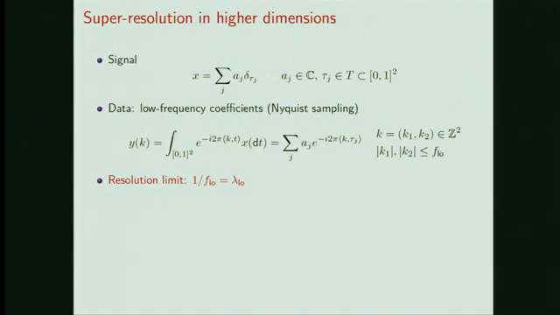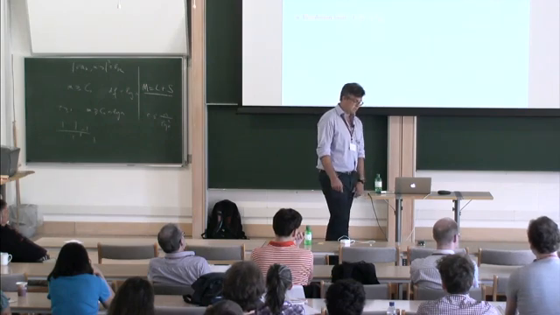Okay, so this extends to higher dimensions, so this is not a result that has to do with one dimension only. Now you can have sources in the plane, and you just go as before. You measure low trigonometric moments of sources that are now distributed in the plane.